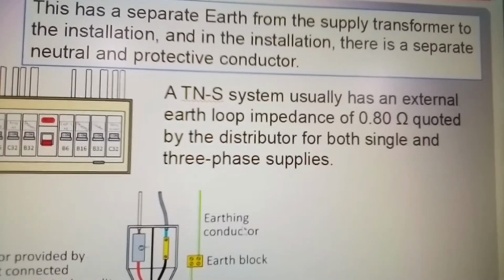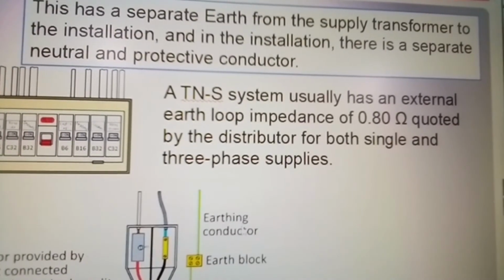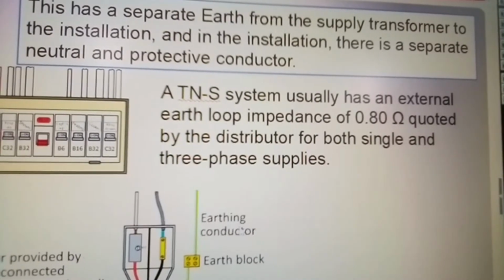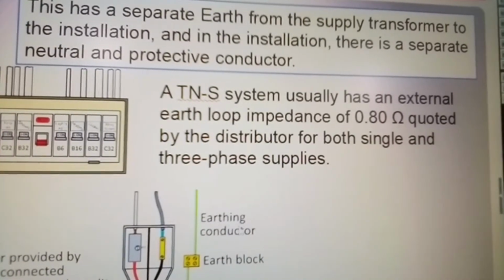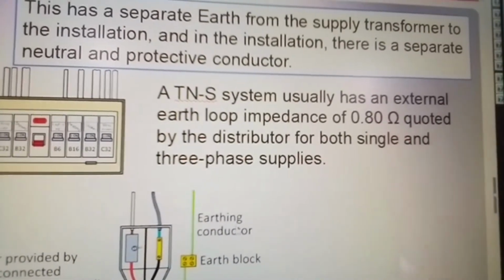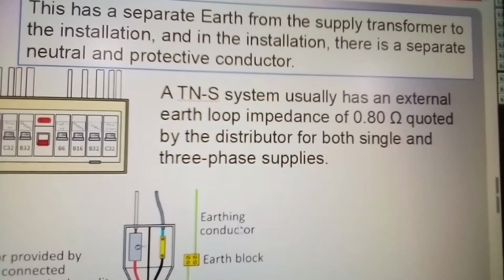A TN-S system usually has an external earth loop impedance of 0.80 ohms, quoted by the distributor for both single and three-phase supplies. So you've been given an earthing value already here of resistance.